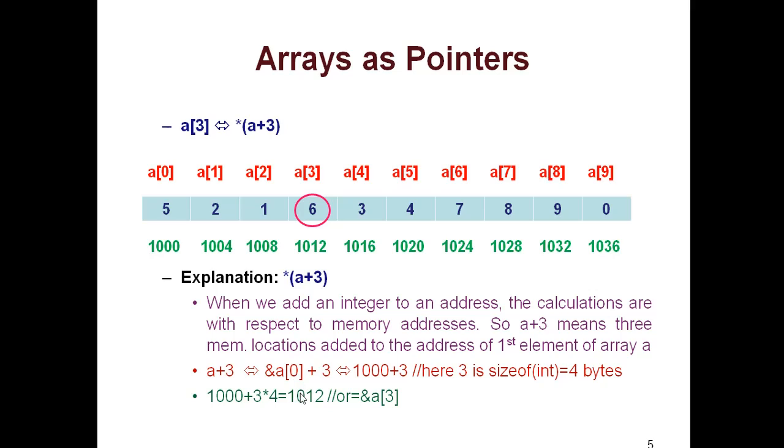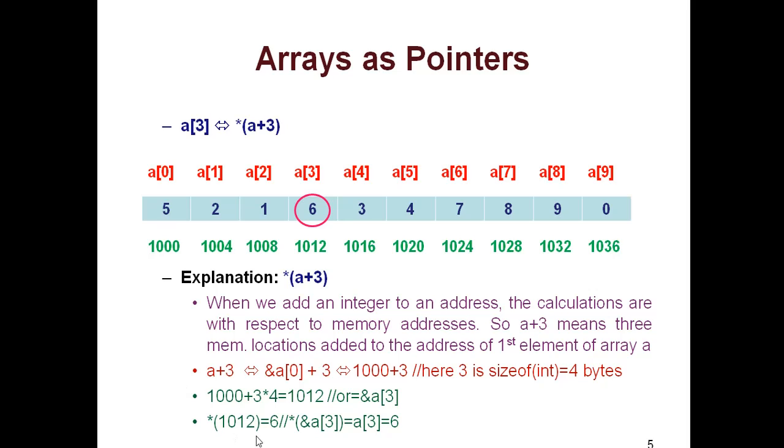Now that 1012 is nothing but address of a of 3. So we are writing star of 1012, or star of address of a of 3.